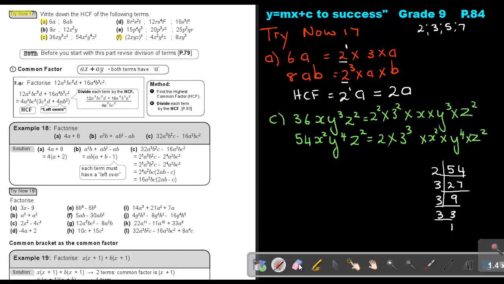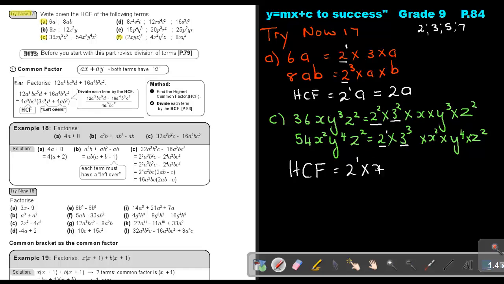Okay. So basically, we are just going to find the highest common factor. Okay, is 2 in both? Yes. What is the smallest exponent? 1. Is 3 in both? Yes. What is the smallest exponent? 2. Is x in both? Yes. What is the smallest exponent? 1.